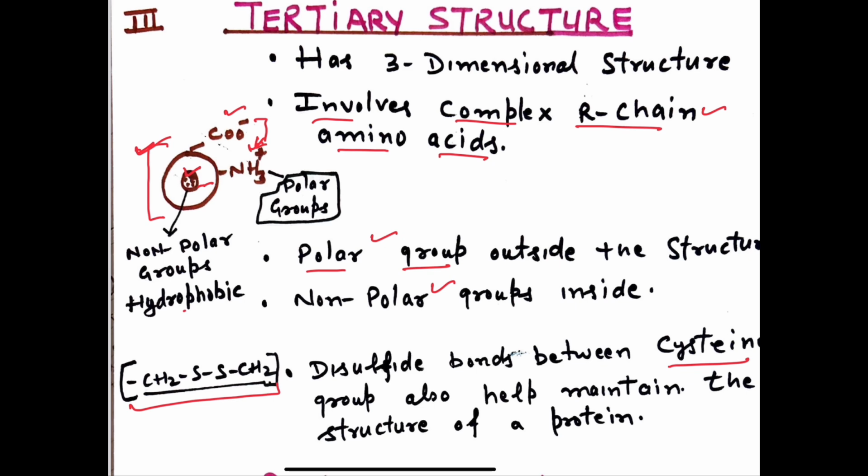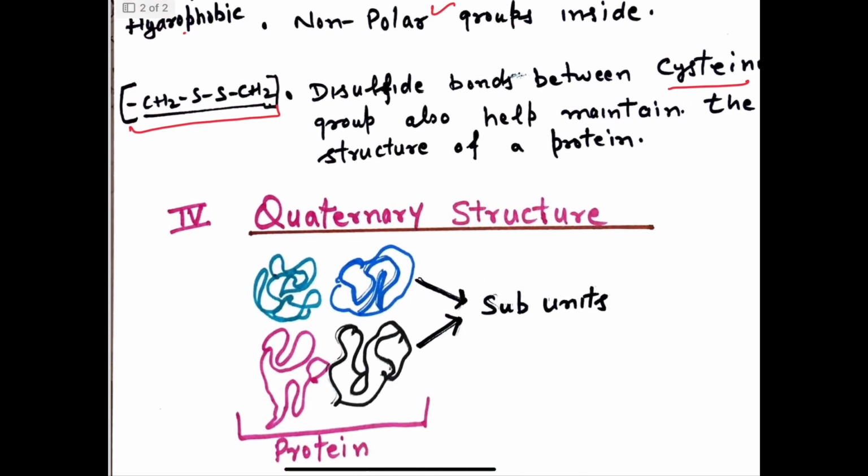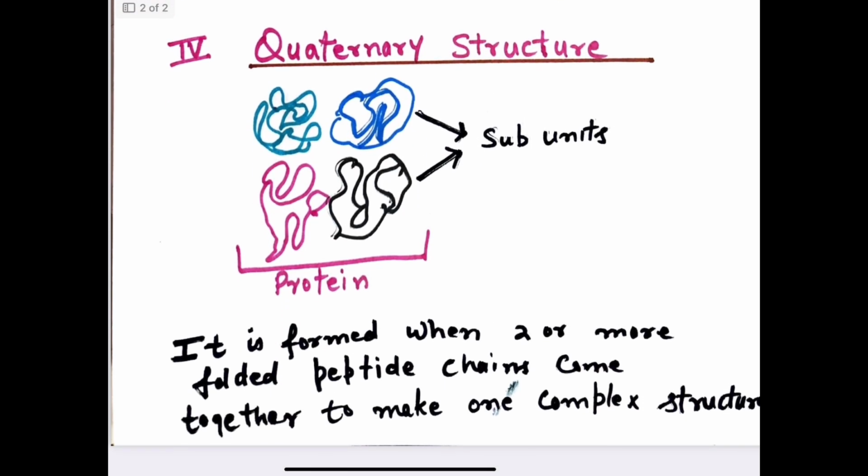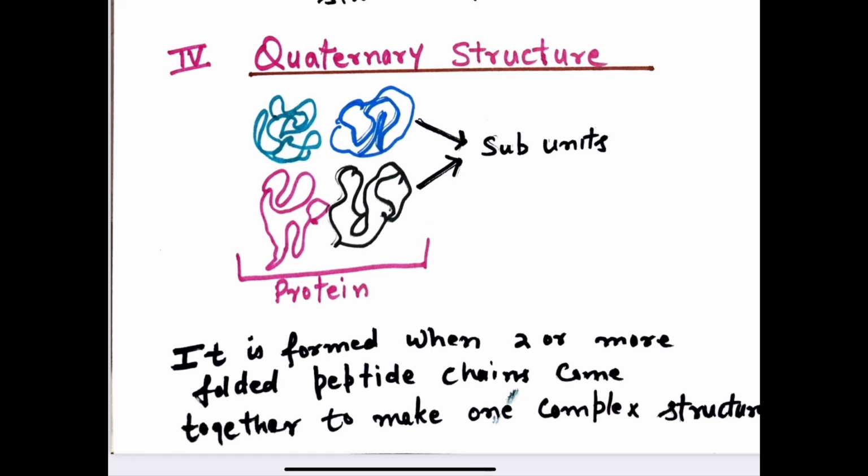Now we can talk about quaternary structure. Now this whole 4 units that you see is one protein. This is all one protein. And these are just the subunits of this protein.